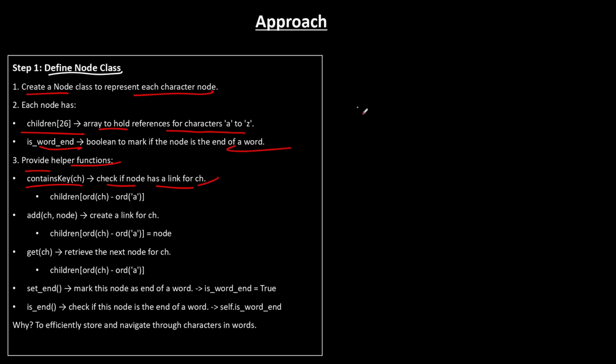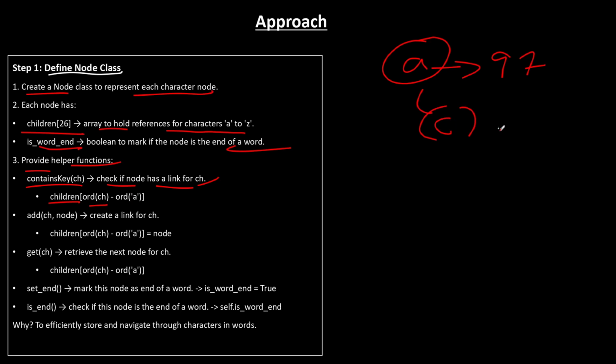Suppose you are inserting something and you are looking for a. Do we have a? No, we don't, so we will add it, right? So it is basically doing what? ord(ch). Suppose a. What is the ASCII value of small a? It's 97 if I'm not wrong. And suppose you got another word as c.